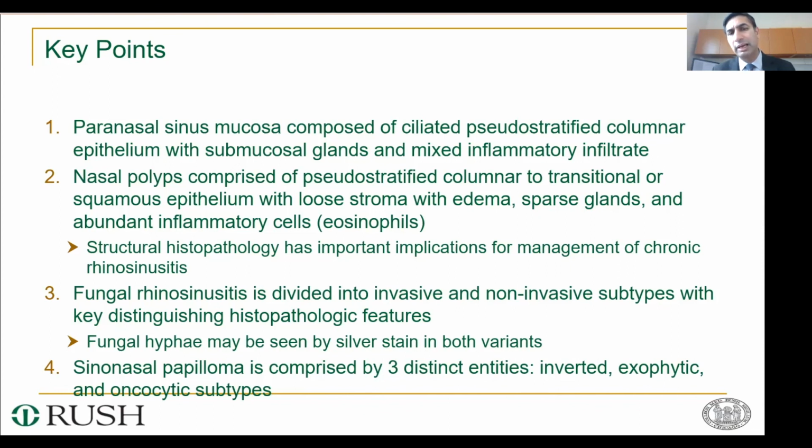And the fungal hyphae can be seen with silver stain in both types of variants. And again, sinonasal papilloma is comprised of the three distinct entities of inverted, exophytic, and oncocytic subtypes that have key distinguishing features and also management strategies.